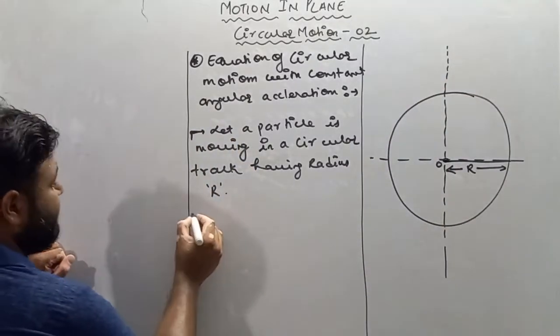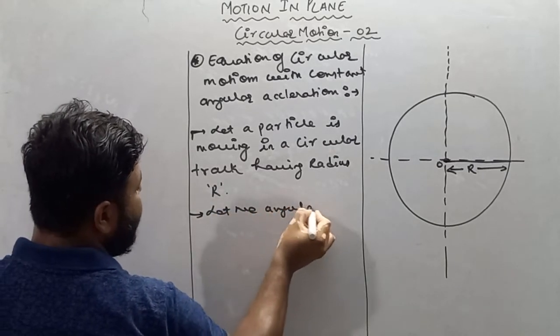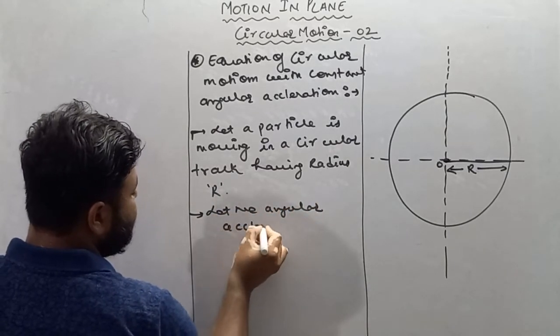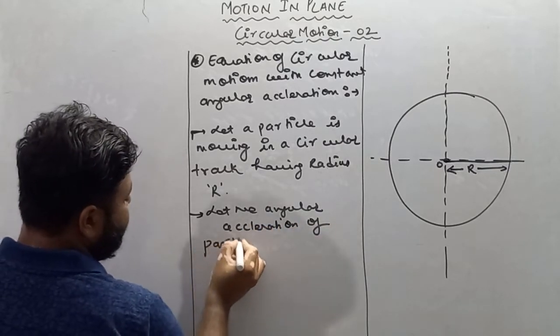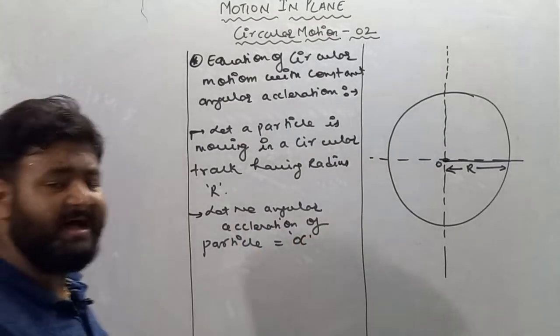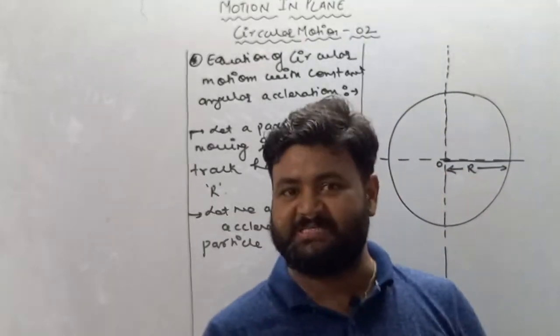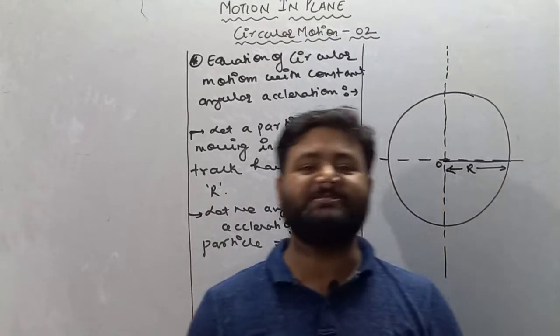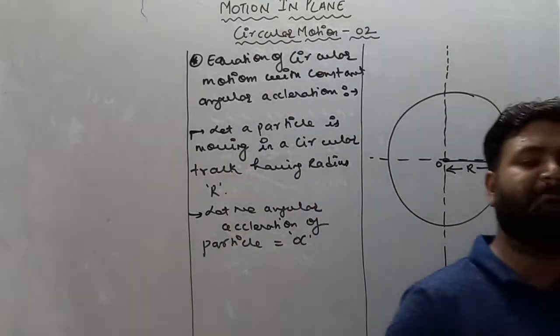Second thing we consider, let the angular acceleration of particle be alpha. As we all know, alpha represents angular acceleration, and angular acceleration is used when the particle is in circular motion.